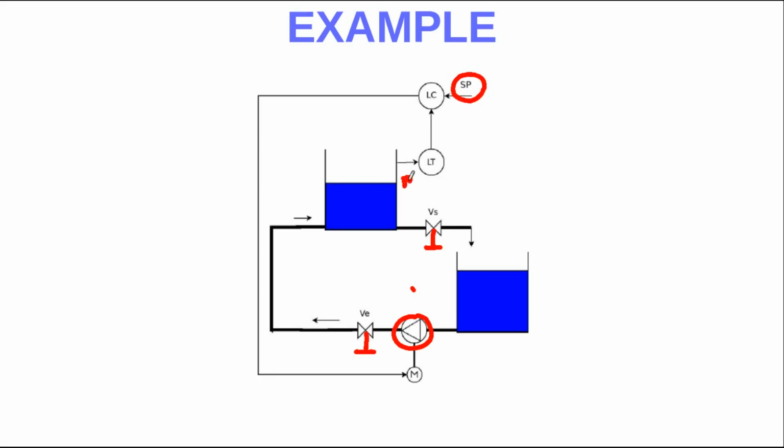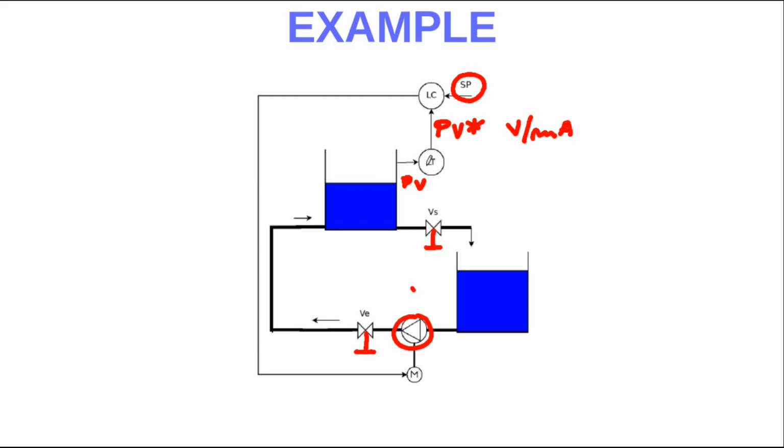We have the process variable. This is the process variable, but this is translated into an electrical signal. So here we have centimeters, for example, but here we can have volts or milliamperes, depending on the technology of the sensor, of the transmitter.